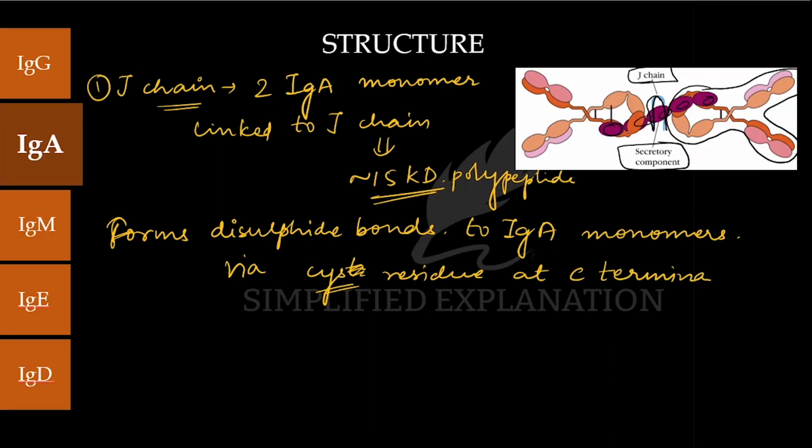What I am saying here is that this is the J chain, and it is forming disulfide bonds to both the IgA monomers with the help of the cysteine residues at the C terminus.